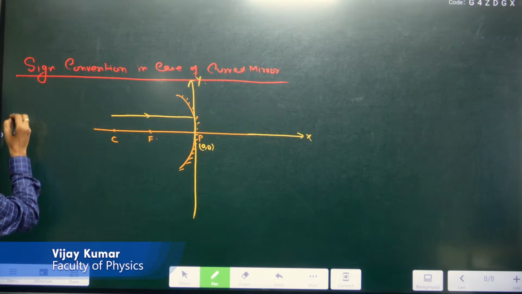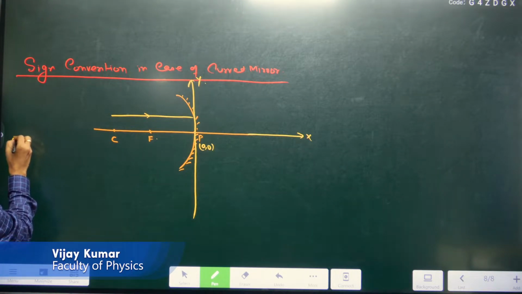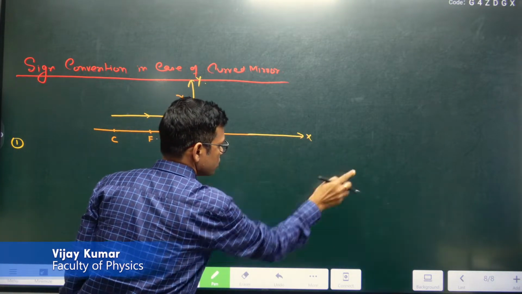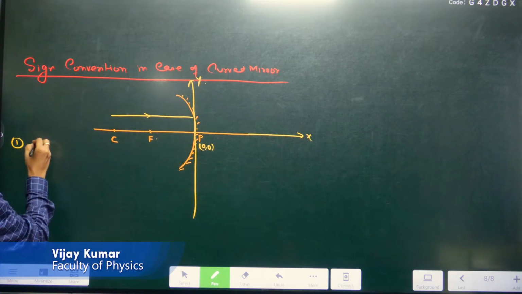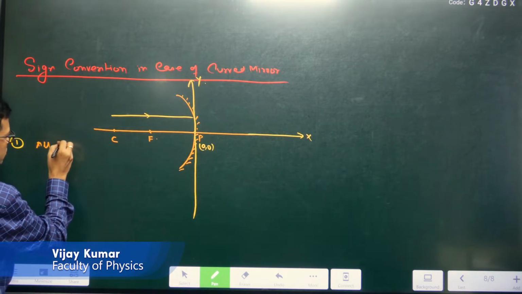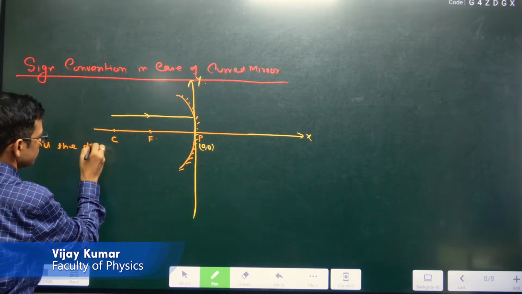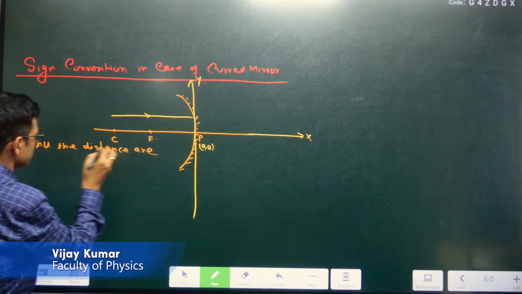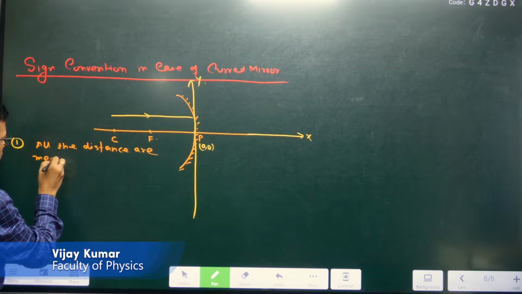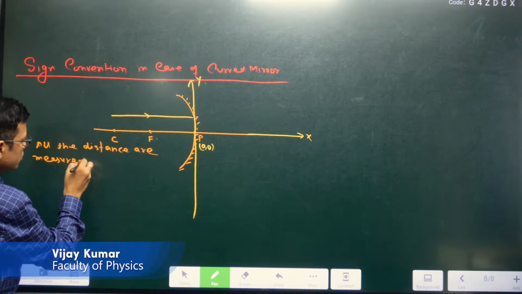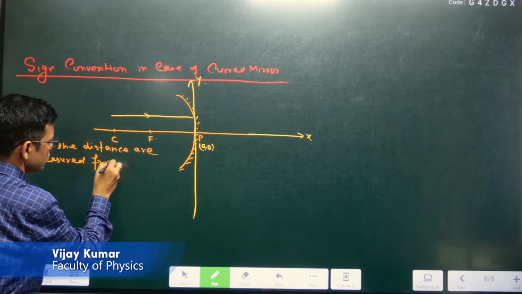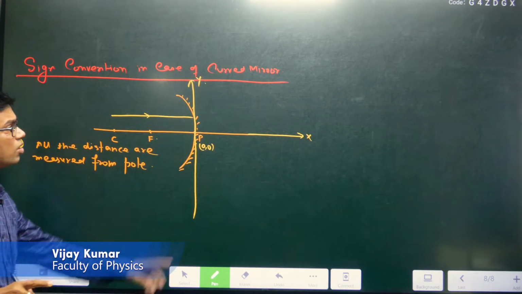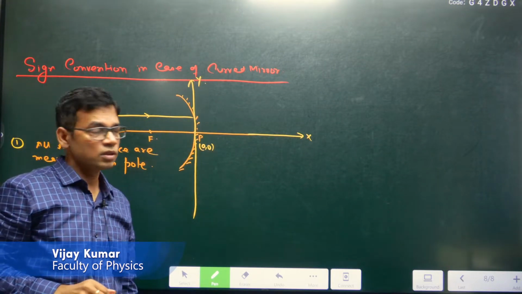So rule number 1, we can write that all the distances are measured from the pole. So this is the first rule of the sign convention.